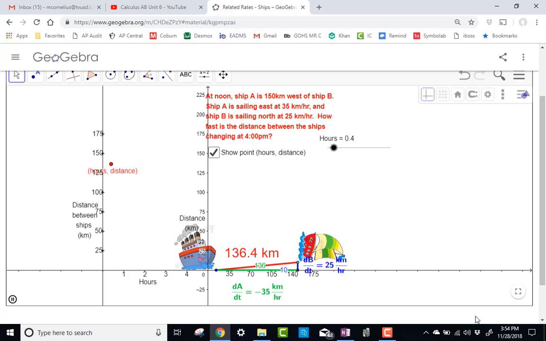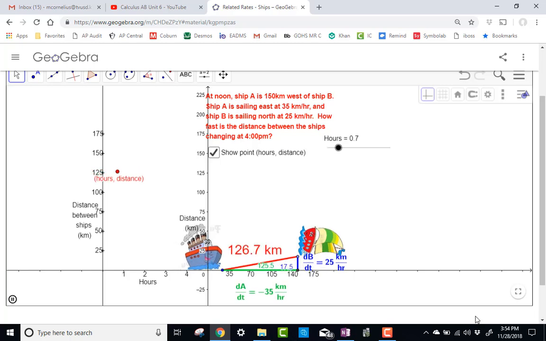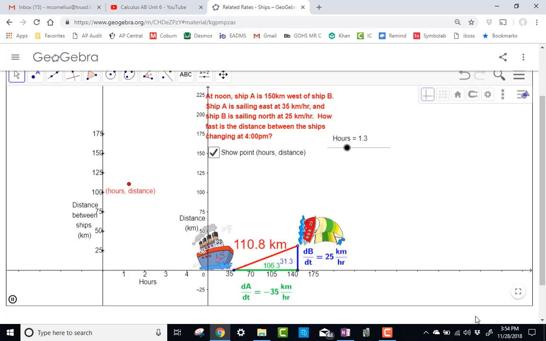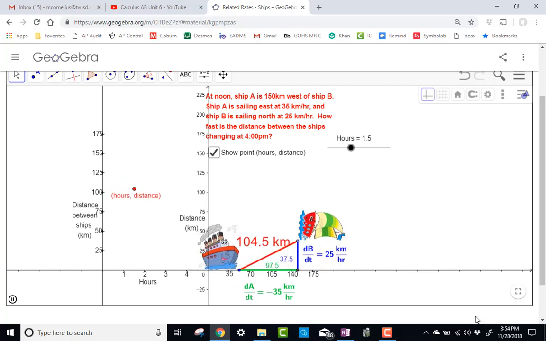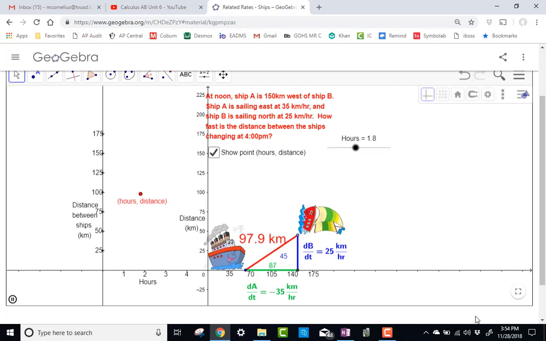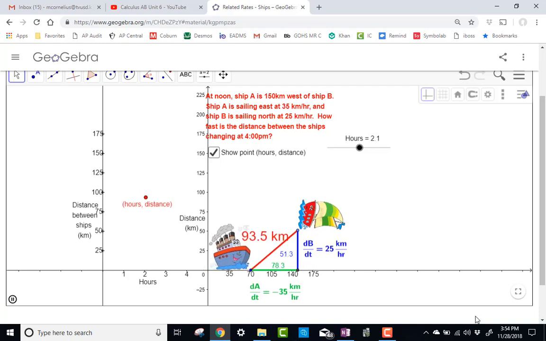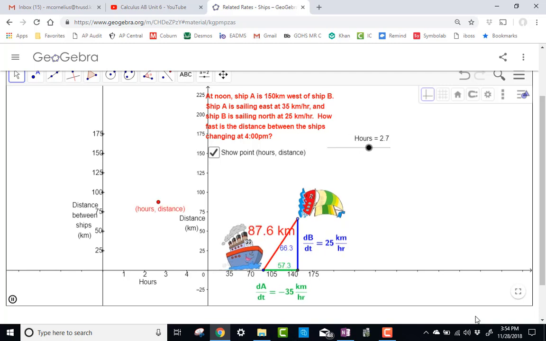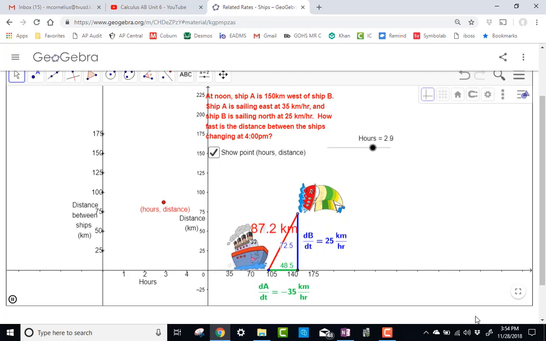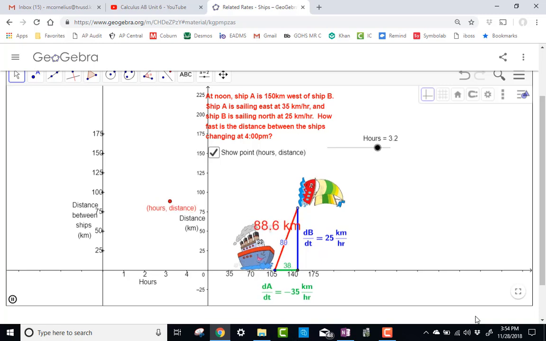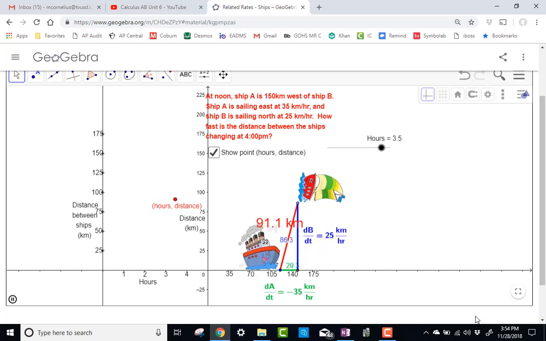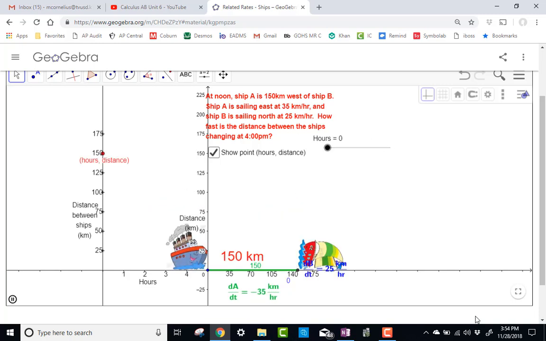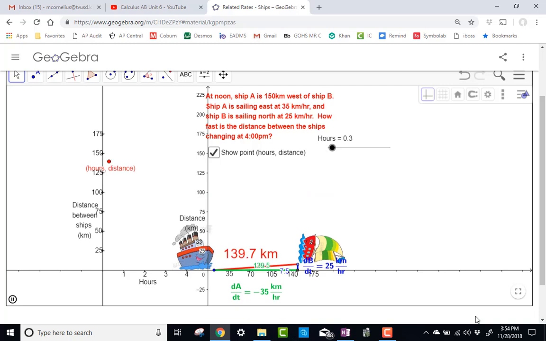And if you watch what happens here, as the blue ship gets closer to ship B, the distance between the ships decreases. Watch the number here on the red line. And then all of a sudden the distance starts to increase again, which means the ships are now getting further apart. And you can see that on the graph to the left, where the point comes down the graph.